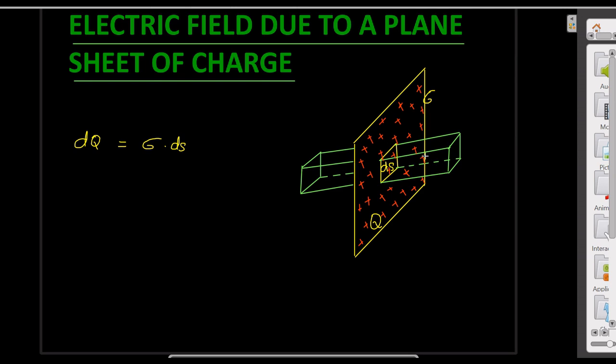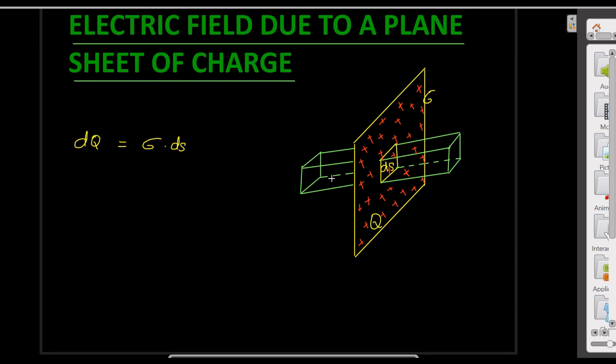Imagine a Gaussian surface around the area ds enclosing the charge dq. We imagine a parallelepiped as the Gaussian surface.